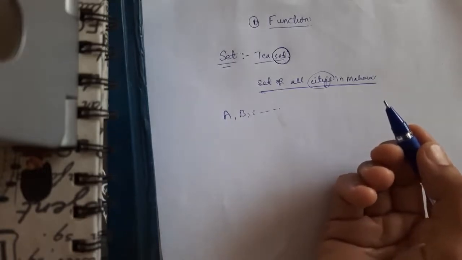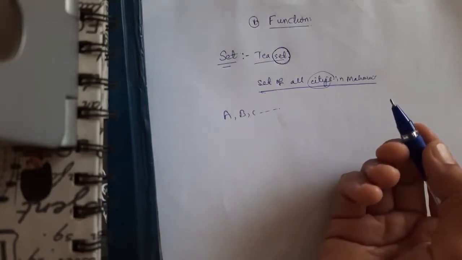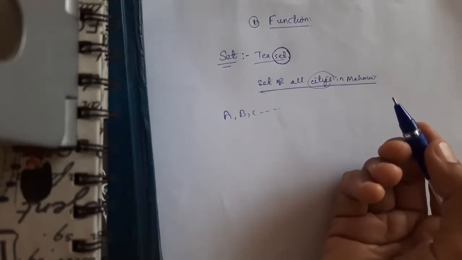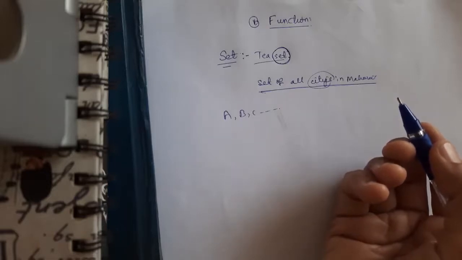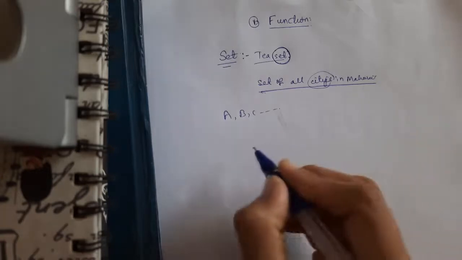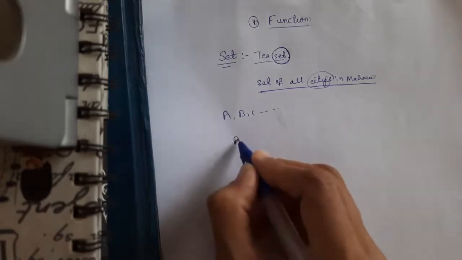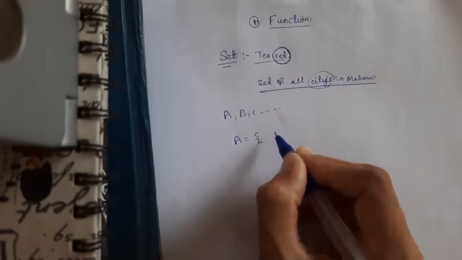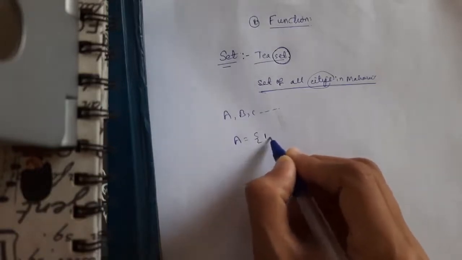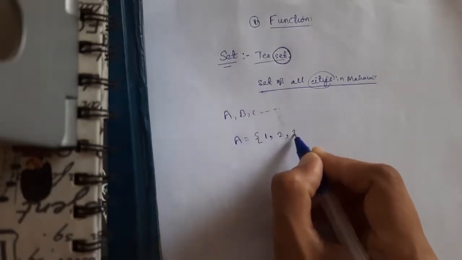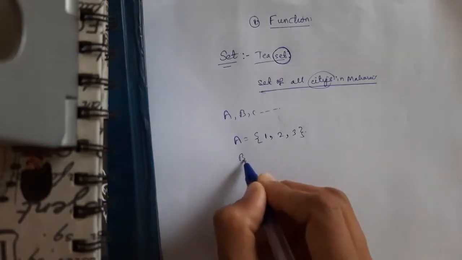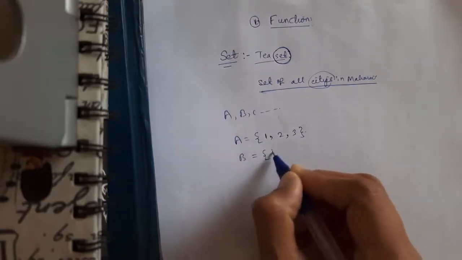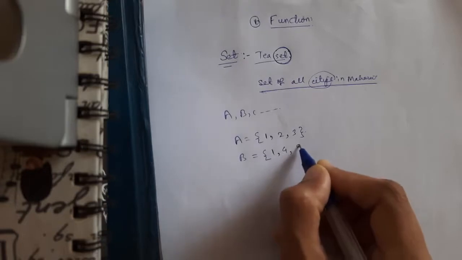So a relation R from a non-empty set A to a non-empty set B is a subset driven by the relationship between the first element and the second element of the ordered pair A cross B. So for example, suppose A is a set of numbers 1, 2, 3. Okay, and B is a set of numbers 1, 4, 9.